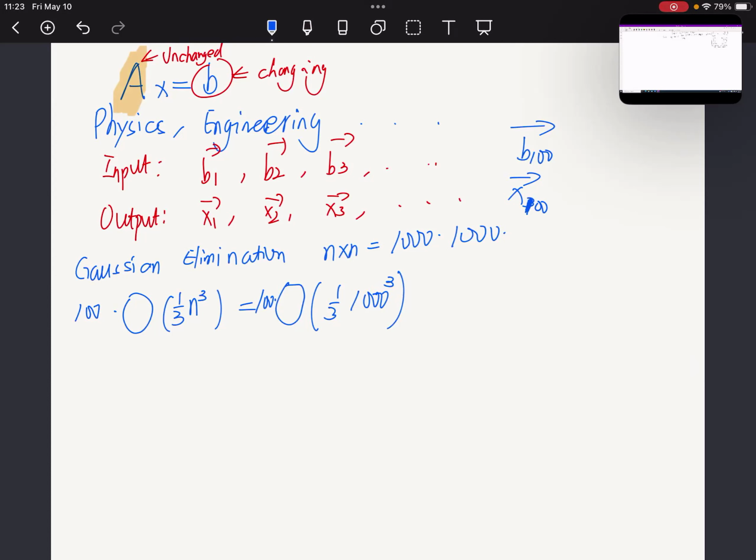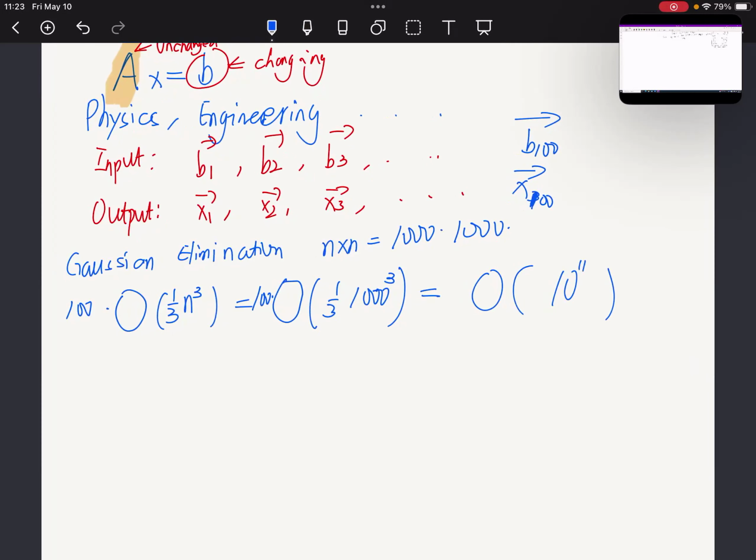At the end, how many operations do we need? Approximately big O of 10 to the 11, 1/3. Ooh, the number is super big.